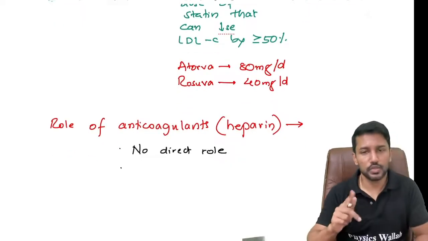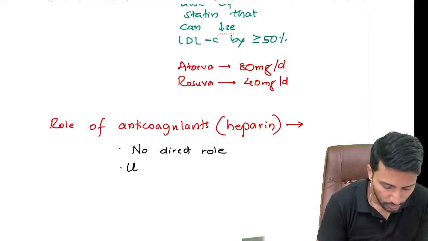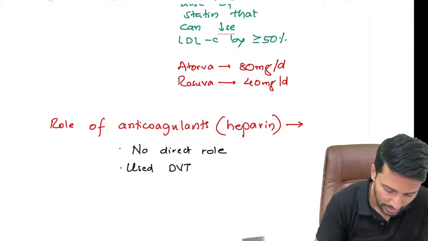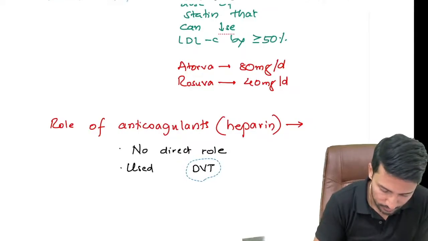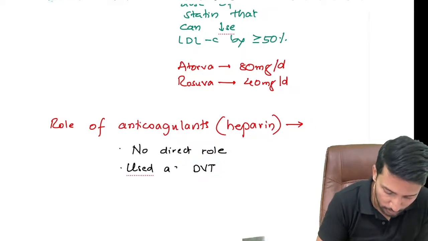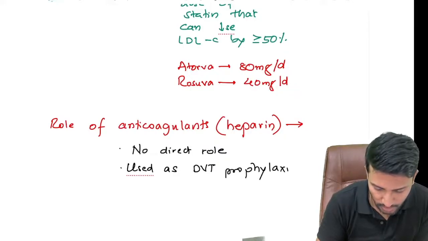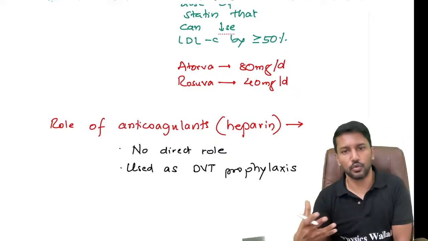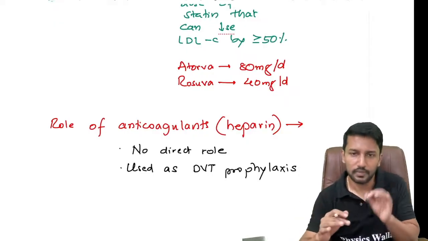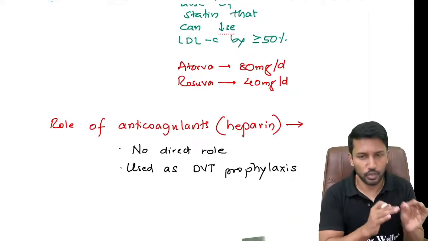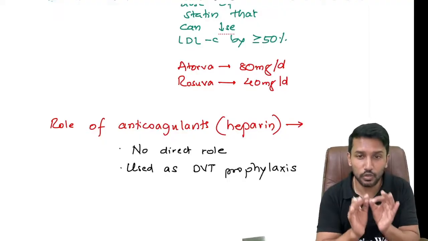If we're using it for DVT prevention, as DVT prophylaxis, it is because the patient may be bedridden for a prolonged period of time, and there is a possibility that they will develop a deep vein thrombosis, and that can lead to embolism and death. To prevent that, they can give them heparin or low molecular weight heparin.